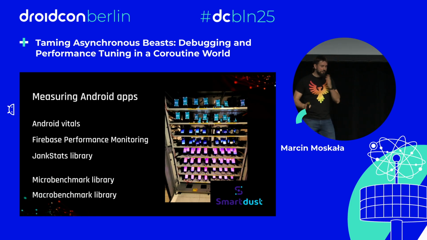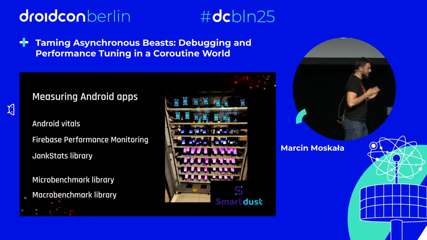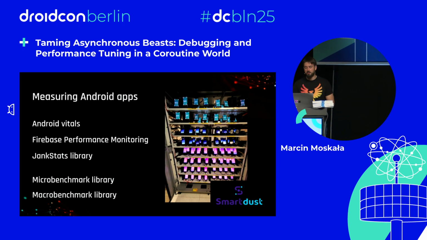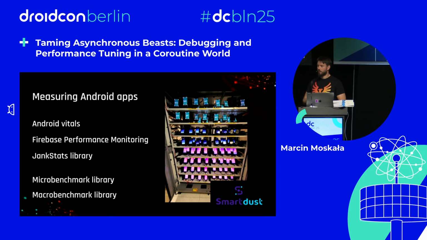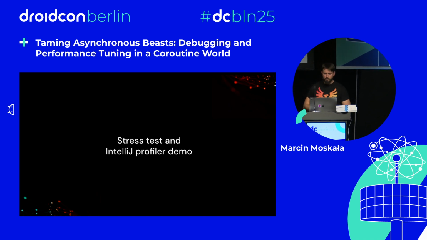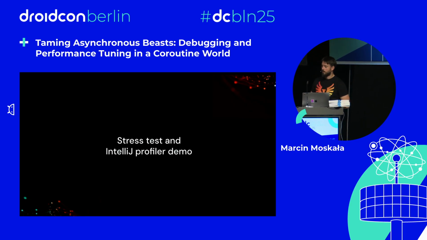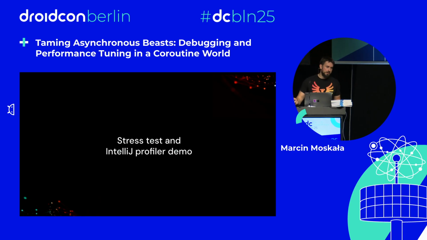We could spend whole 40 minutes talking about those tools, but this presentation was supposed to be about debugging coroutines and performance tuning coroutines. So I would like to show you a tool that is more for testing the domain layer. When I need to performance test a domain layer, the logic of our application, I implement stress tests.